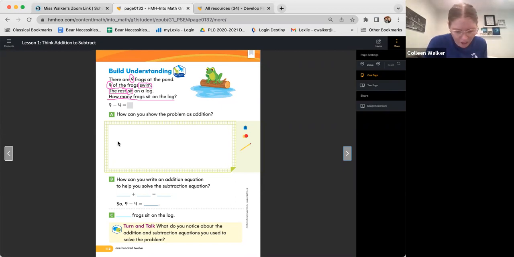So we have 9 frogs total. We know that 4 of them are swimming. Can you help me count to 4? 1, 2, 3, and 4. Did I finish making all 9 frogs? No, I still have to make frogs till I get to 9. Okay, can you help me count?